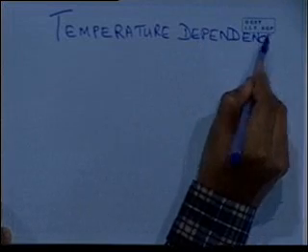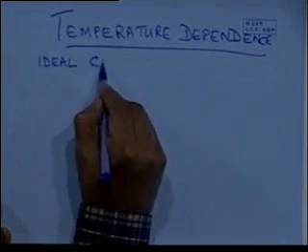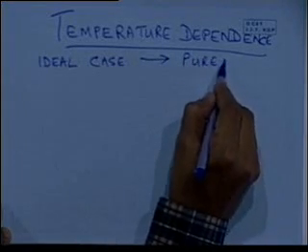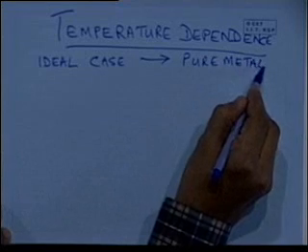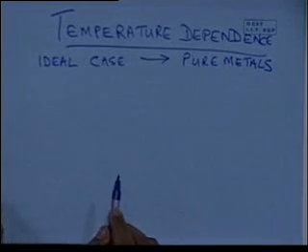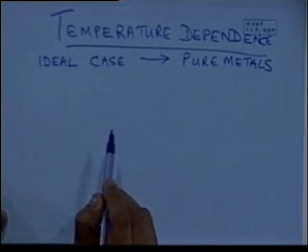And what we'll treat first is the ideal case of pure metals. There are no impurities, and so the scattering is going to take place primarily by phonons, the atomic vibrations that are there. So that's what we'll treat first using this model and try to derive a temperature dependence for it.